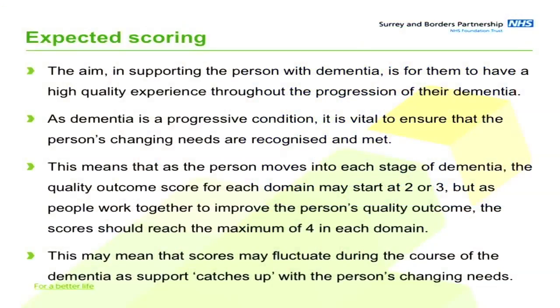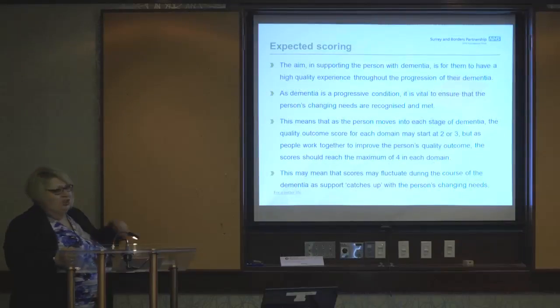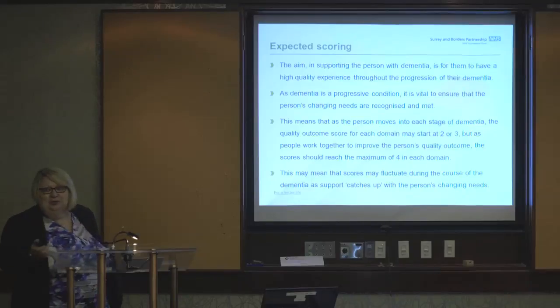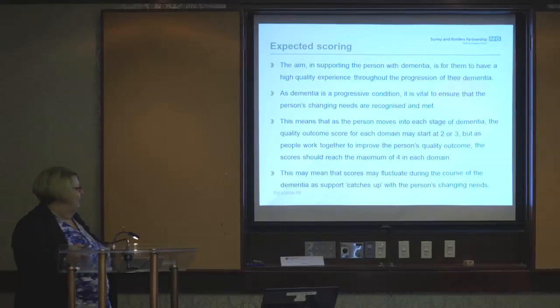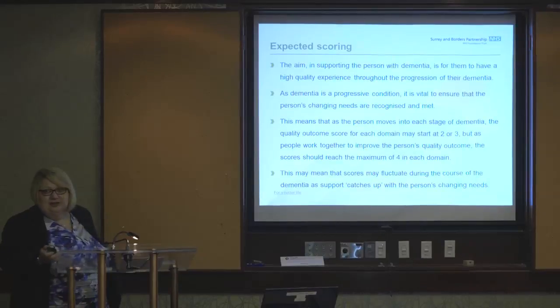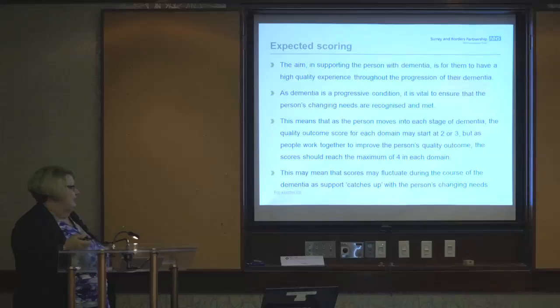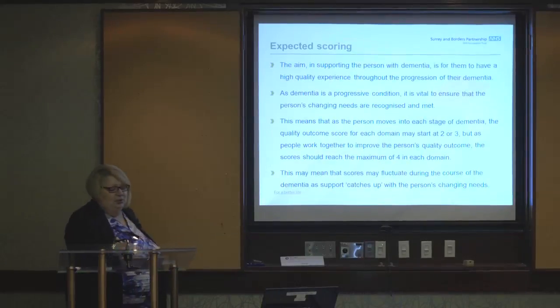So as people move through the stages of dementia, the quality outcome score might not be 4s, it might be 2s and 3s. But unless the person is changing really quickly, it gives you the time to work through the changes to get to 4s in each of the domains before you go on to the next stage of dementia. So the scores might fluctuate during the course of the dementia as the care catches up with the changing needs. But you're forever working towards getting 4s in all areas.